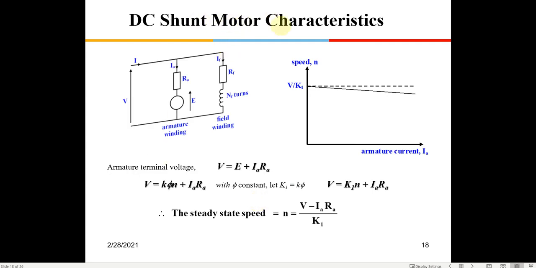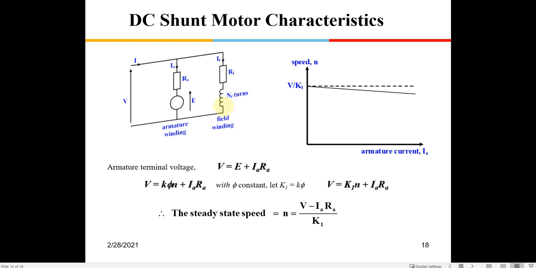let's take the shunt motor characteristics, wherein you have the field connected in parallel to the armature out here, right? So I can write the terminal voltage as V equals E plus IA RA. Okay, because this is the same equation which we saw the last time. And E is the back EMF which is induced, that you can write as K phi N. K is a proportionality constant, phi is the field which is generated.